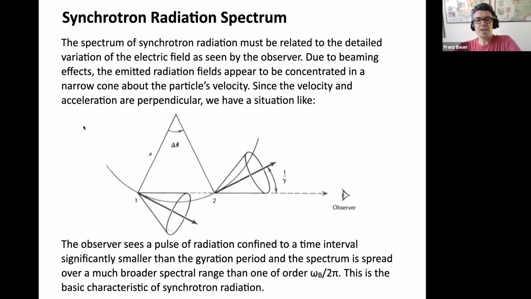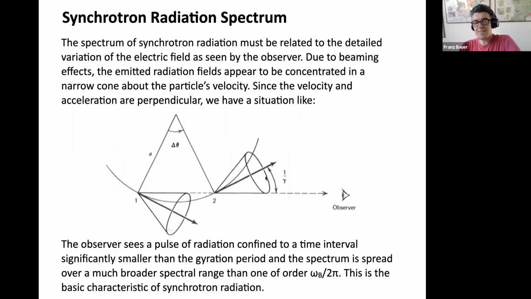But this thing is moving. And so the cone is moving with respect to the line of sight. And so there's only a fraction of the overall curvature when we see it, right? So we see this radiation coming towards us for this segment of the arc, which we can define as delta theta, when it goes from point 1 to point 2.